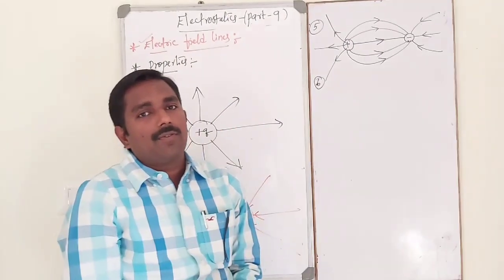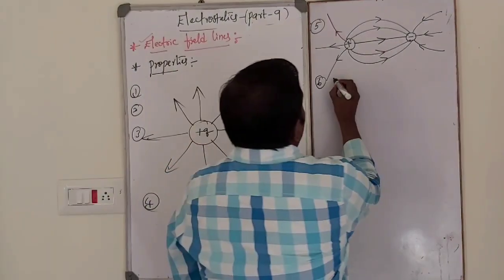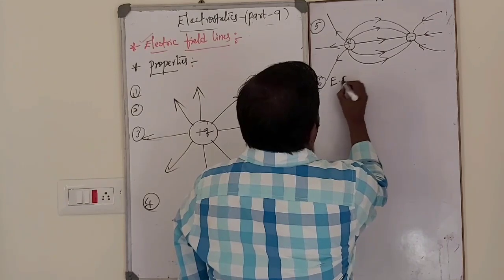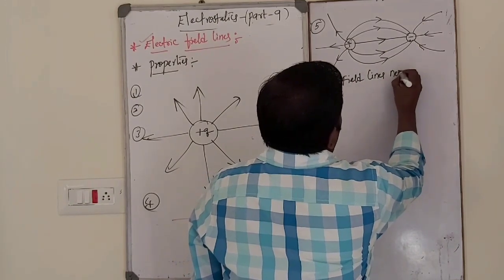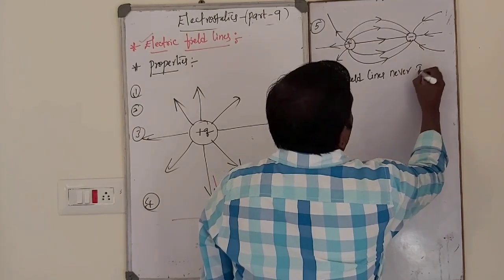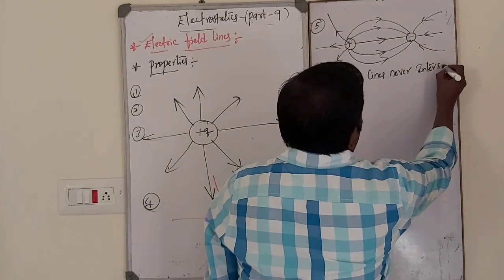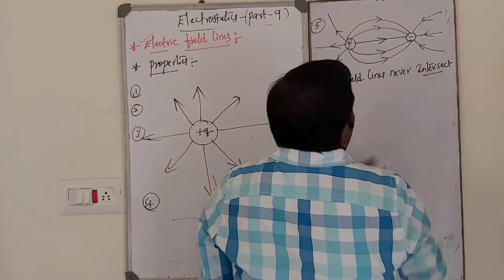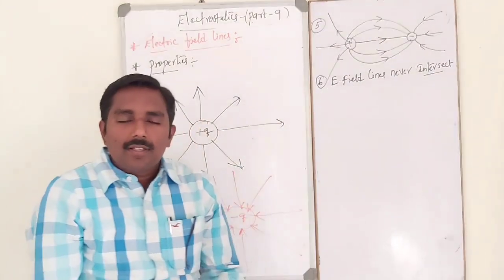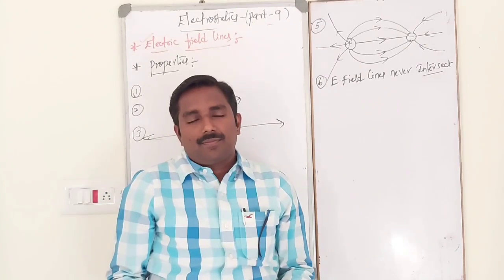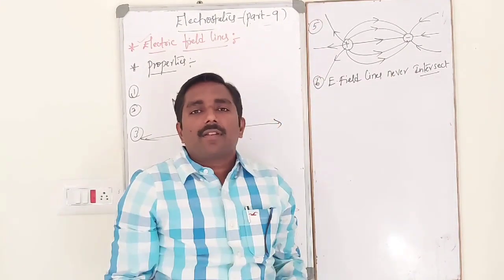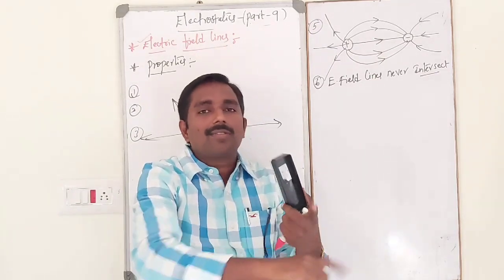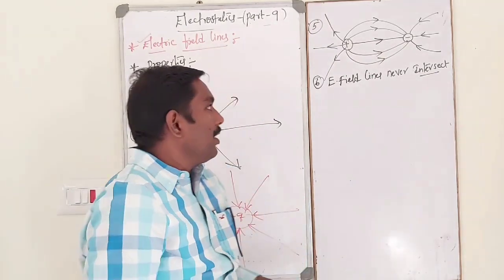Very, very most important, because these are straight lines, like railway tracks. They never cross each other.